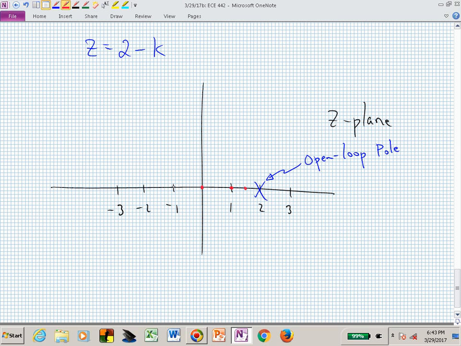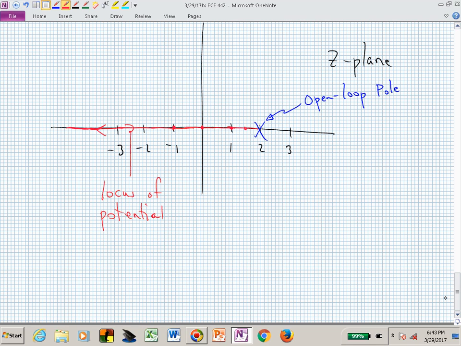If k is 3, I'm right here. Do you see that as I adjust k, I can place my dynamics anywhere to the left of that initial open loop pole location? Meaning, as k increases from 0 to infinity, this red line gives me the locus of potential closed loop poles.